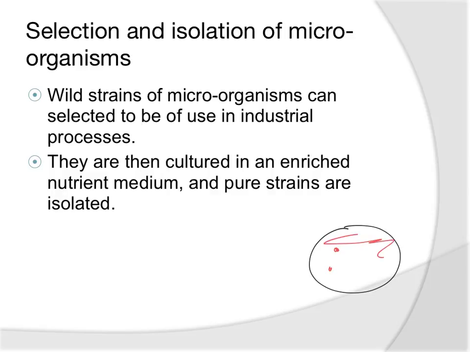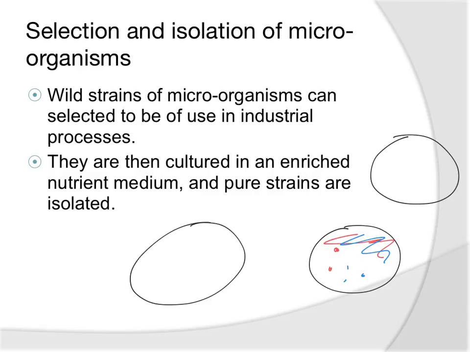and they'll put the sample onto a petri dish. These microbes will grow and you'll get individual colonies eventually growing on there. They will then isolate out these individual colonies and have a look at them and see if they will produce useful substances.